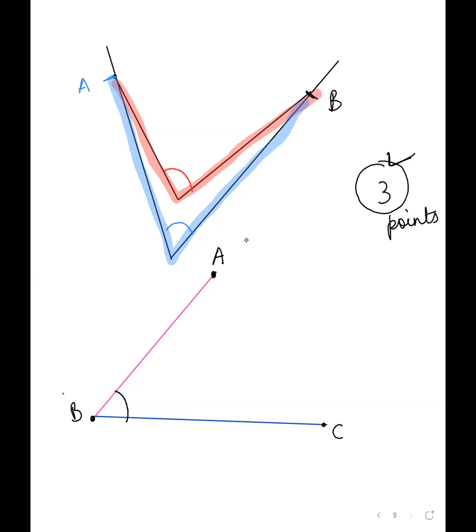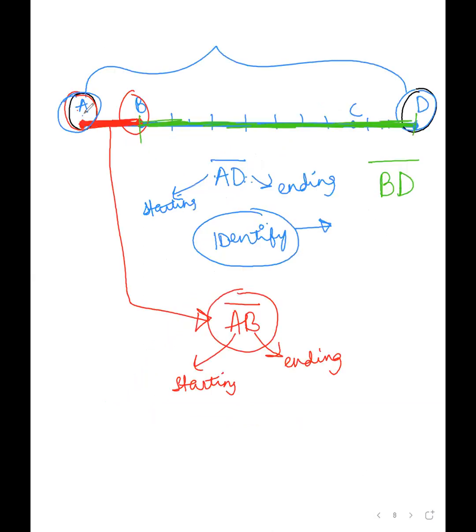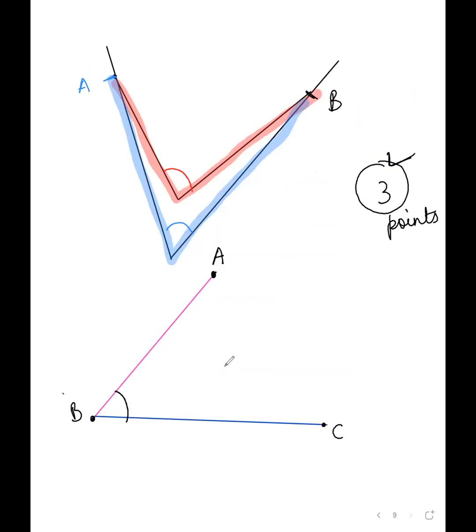Where were we? Yes, we were talking about this. So Hiba, how we identify the angle or how we name the angle is, see, first you saw that to name a line segment, we need 2 points, the starting point and ending point. To name an angle, you need a starting point, an ending point, and a point in between, which is called the vertex.